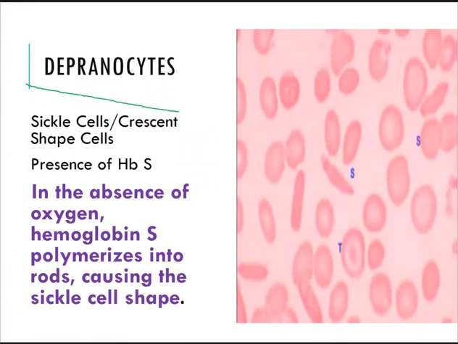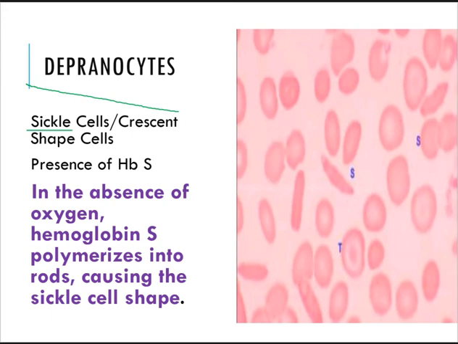Next, we have your drepanocytes. Your drepanocytes are your sickle cells. Basically, guys, it is the presence of your hemoglobin S. Just a quick side note, there are a lot of hemoglobin names when you learn hematology.